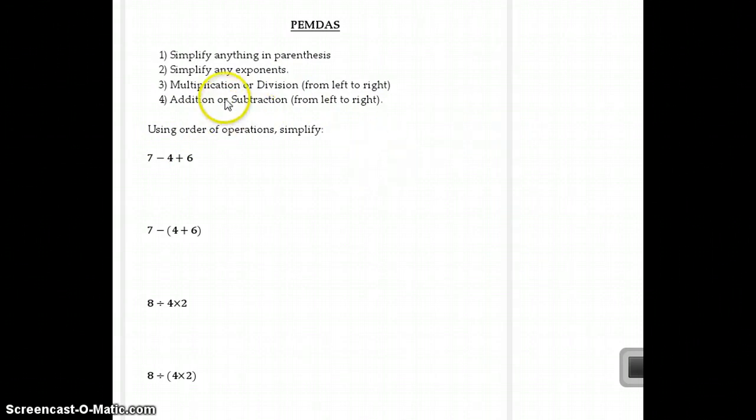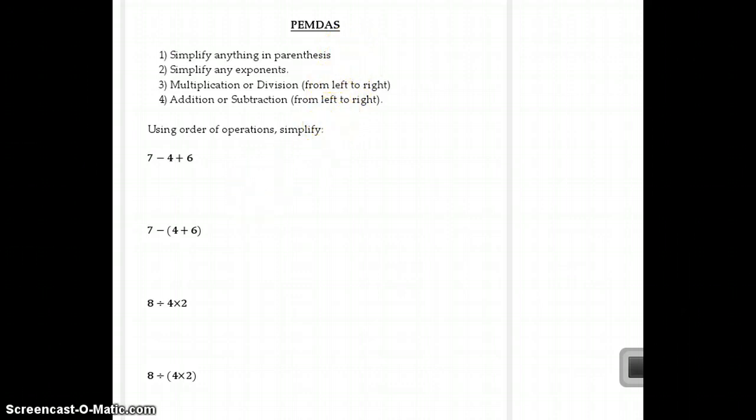So if multiplication is in front of the division, then multiplication comes first. If division occurs before multiplication, then division comes first. Just like we read from left to right. So parentheses first, exponents, multiplication or division, left to right, and then finally addition or subtraction, left to right.